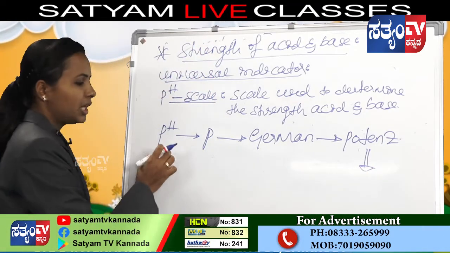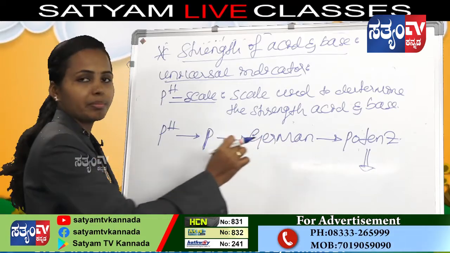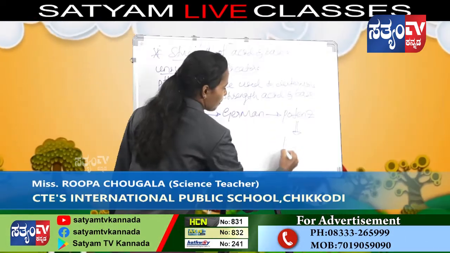In pH, P comes from a German word, Potenz, meaning potential. Potential means power.